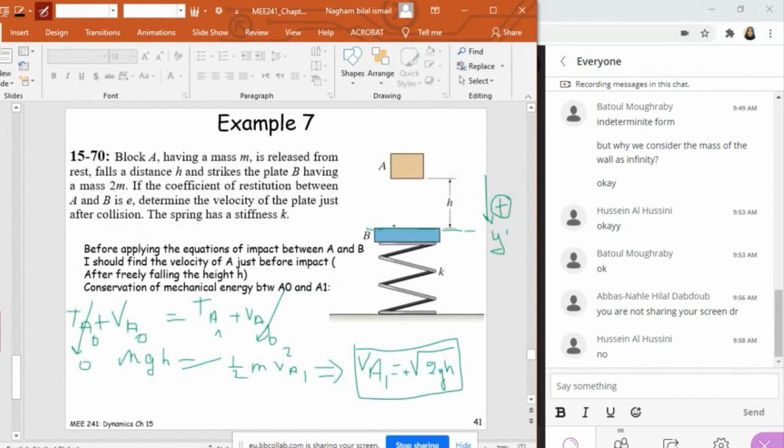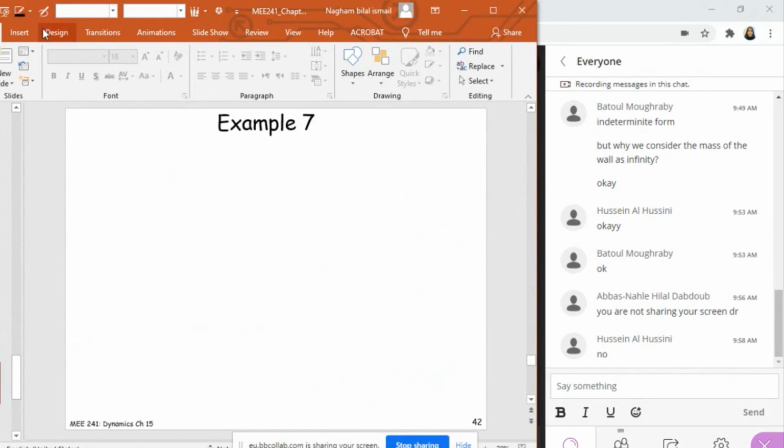Because in fact, the plane of contact is X, and then the line of impact is y, or it's along y prime, and then I know that the velocity of A is along y prime, and B after impact will be also along y prime. And that's why, guys, I can say that this is a central impact. I can apply the conservation of linear momentum as well as what? As well as the coefficient of restitution, all right?